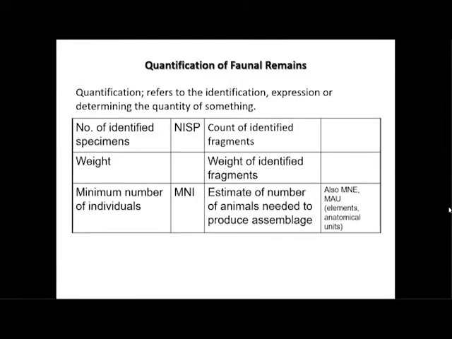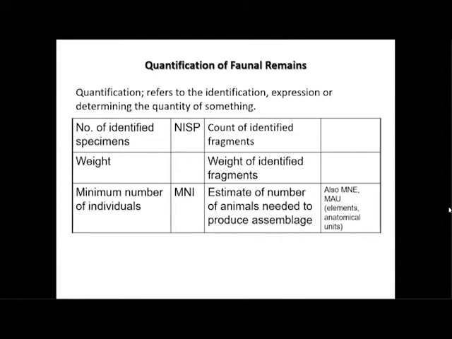You can quantify your bones further, and we use various methods again, but I only highlight 3 today, which is the NISP. This refers to your number of identified specimens. So you will only count the bones you can identify to elements. Some people use the weight.